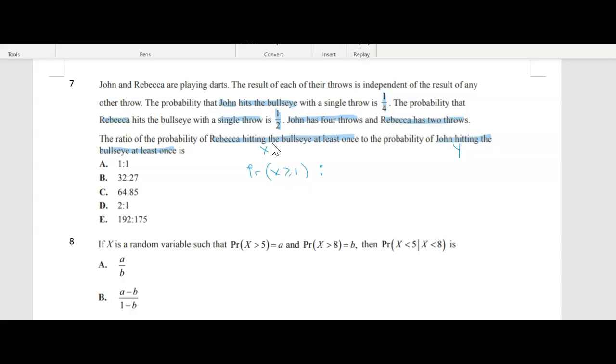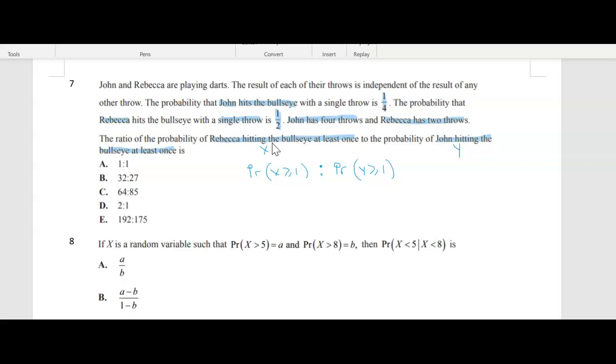Now it's a ratio, they're not equal. So the probability that Y is greater than or equal to 1. I'm just thinking we could use the binomial, so we don't really have to do 1 minus. If you were doing this without a calculator, you could just do 1 minus the probability that X equals 0 and 1 minus the probability that Y equals 0. So go ahead and have a go at doing that.